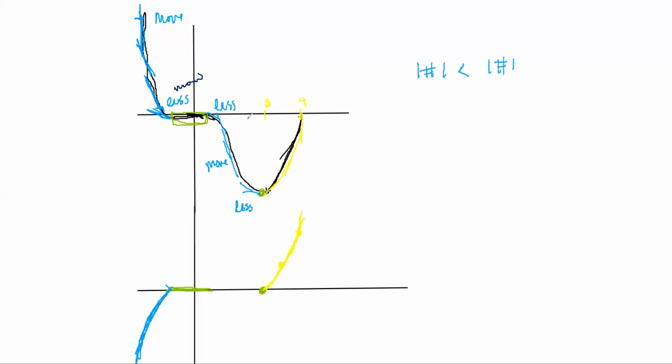So here at, let's call it, 0.1, and here at 0.2, the derivative here is much steeper in the negative direction, so the absolute value of it is going to be greater.